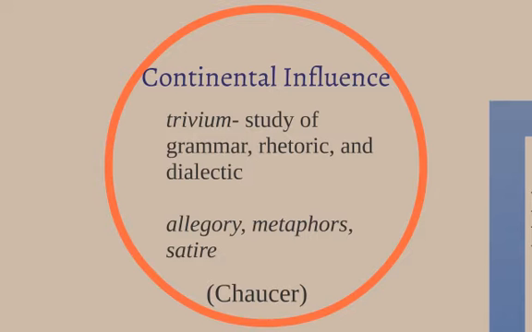And these ideas start to influence the literature at the time. And by studying these things, the writers start to use allegory and metaphors and satire, three things that we'll talk about later in the lecture. And Chaucer is a good example of this with his estates satire.